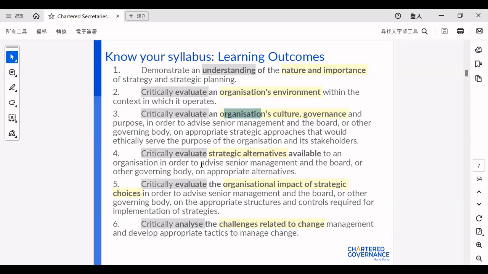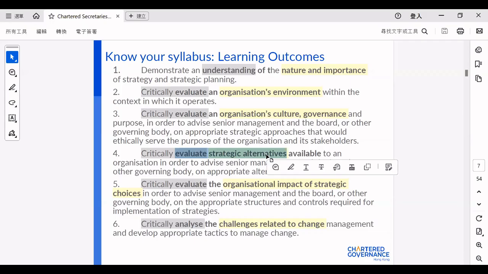So what they are really looking for is your ability to make informed, logical choices and present them persuasively to the senior management and the governing body. That is what you need to demonstrate.